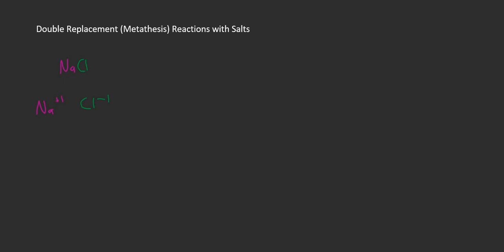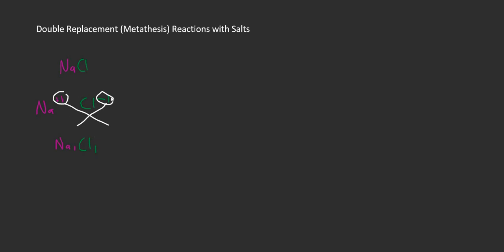And what we're going to do is, in the final product, in the salt, we're going to take the charge here and move it down next to the sodium. We're going to take the charge here and we're going to move it down next to the chloride. And what it'll end up looking like is Na1Cl1.